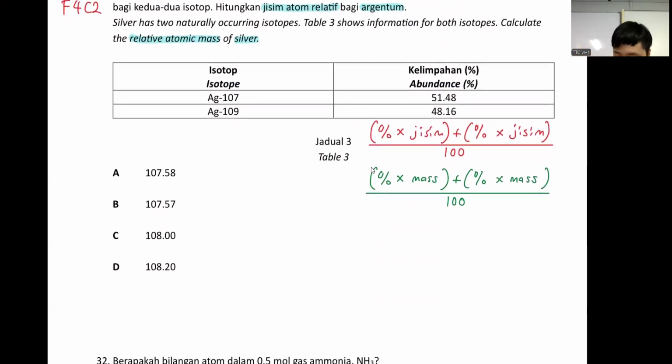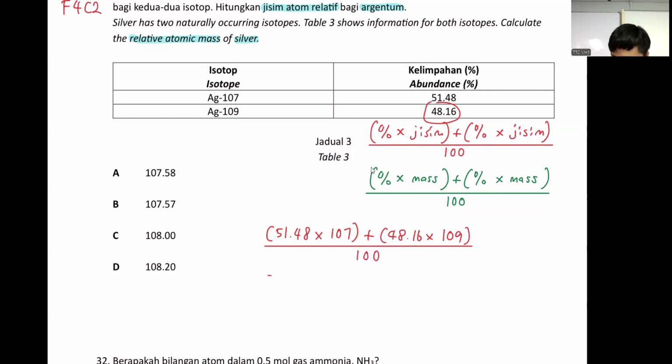Straight away use 51.48 multiply 107 plus 48.16 multiply 109, divide total 100%.